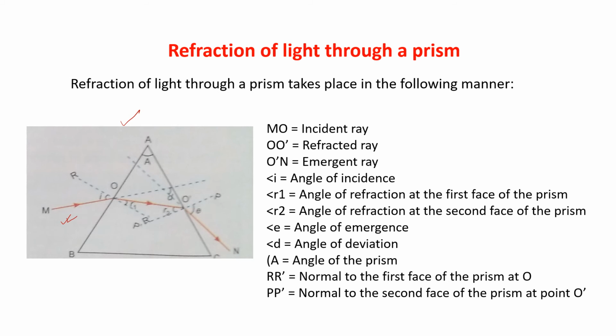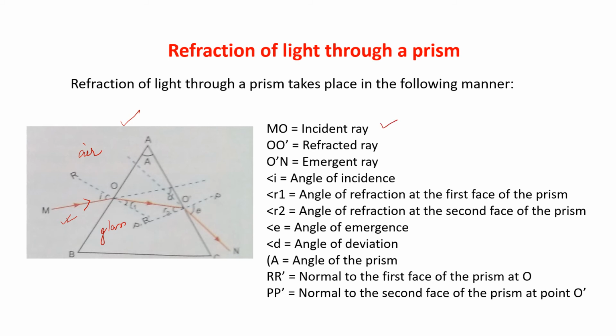See here, the arrow is showing the incident ray. It is incident on the surface AB. This side is my air medium and this is the glass medium.